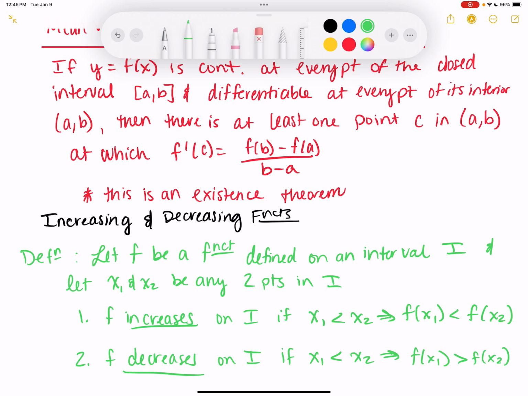So basically for the two x values, as x is getting bigger, what's happening to the function as a whole is what that means. So yes, those inequalities are facing the correct direction.